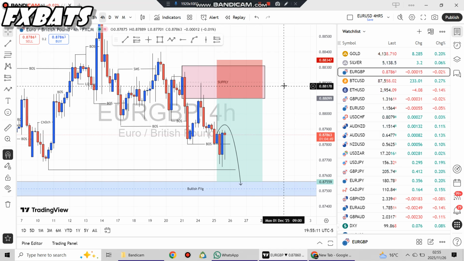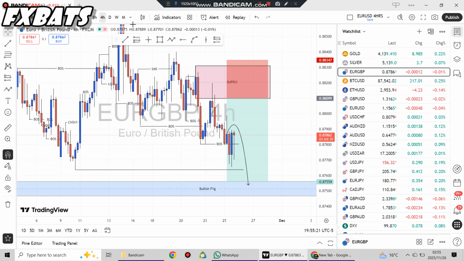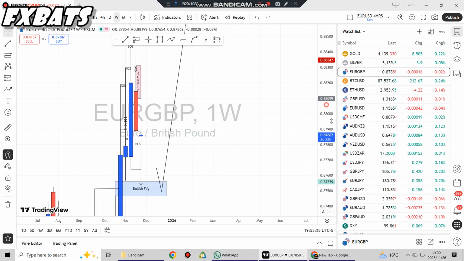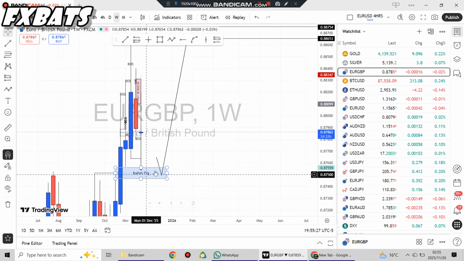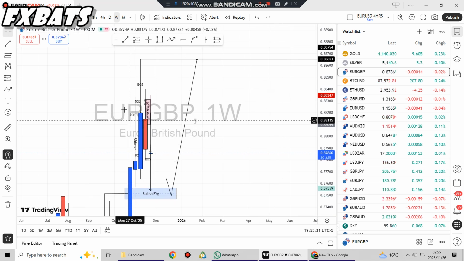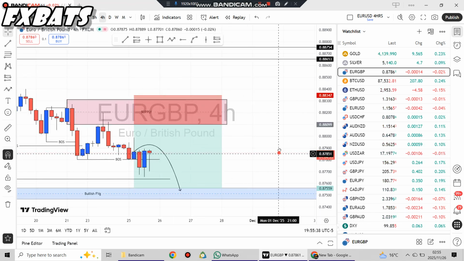I'm selling GU for some reasons, because when I look at my Euro GBP, it is still on the selling curve. As I look at it on Euro GBP, I'm targeting this weekly context area so that I can start buying. So we're still selling, we're still on the pullback on Euro GBP. As you could see, we're still on the pullback.